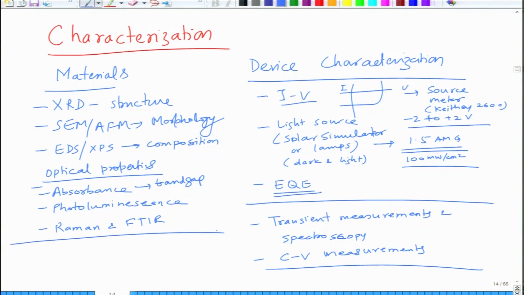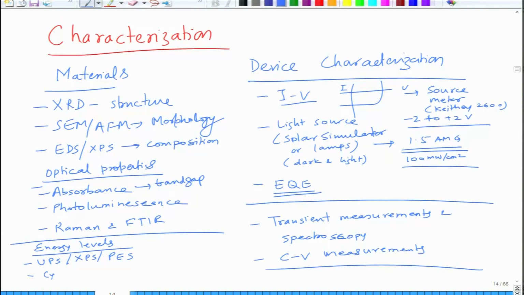As far as materials characterization, if you want to measure the energy levels, then one needs to do UPS or XPS kind of measurements. So, photoelectron spectroscopy, these measurements are useful for measuring the energy levels.